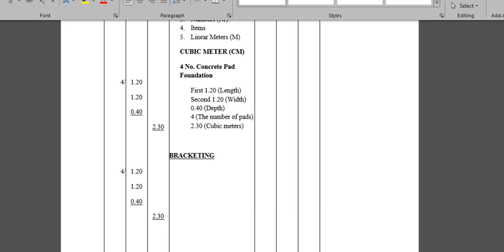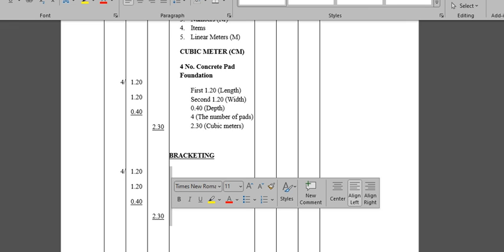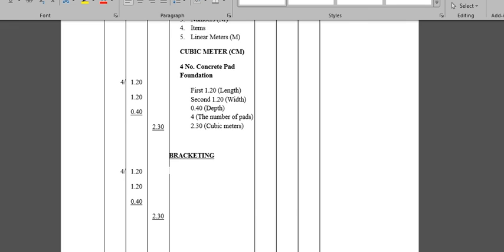Perfect. So once we have that, we want to learn the concept of bracketing. Bracketing, you will do it in that order. Once you have this, then you need to do your description. So we'd rather explain the description first.